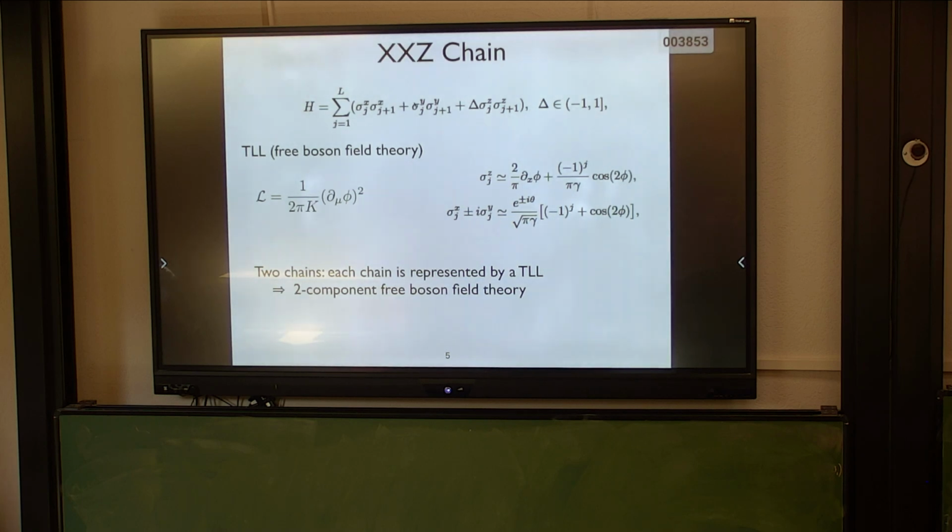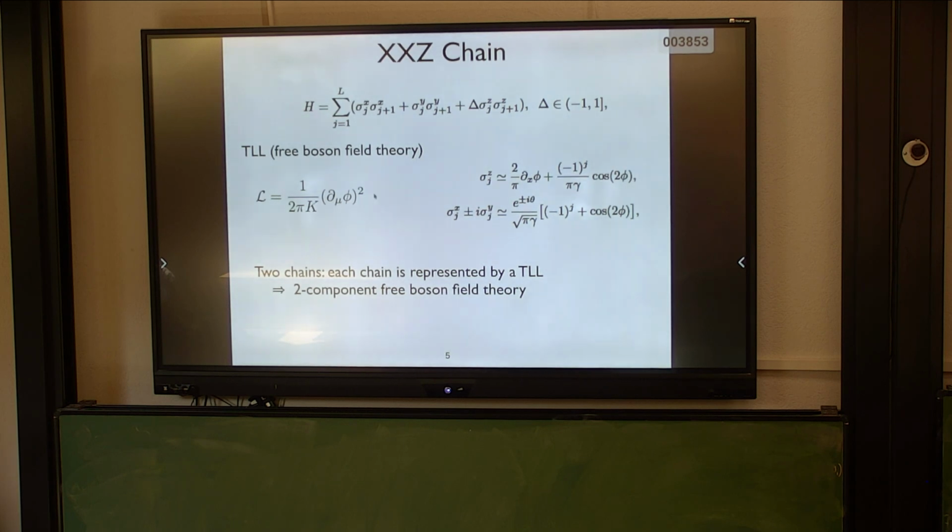So initially we have the XXZ chain, spin 1/2, the standard one. It's very well established that the ground state and the low energy properties of this spin 1/2 XXZ chain can be described by Luttinger liquid, which is nothing but free boson conformal field theory in 1+1D.